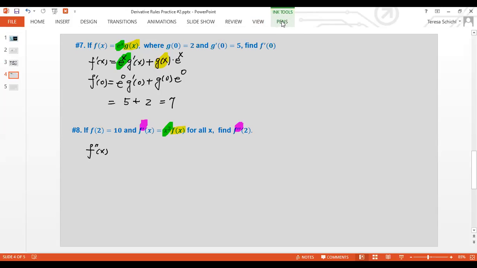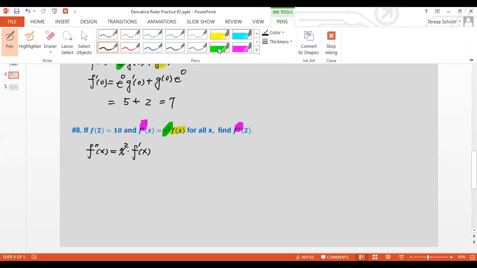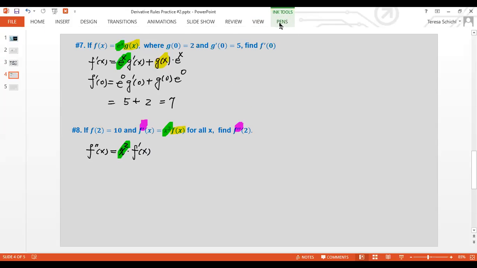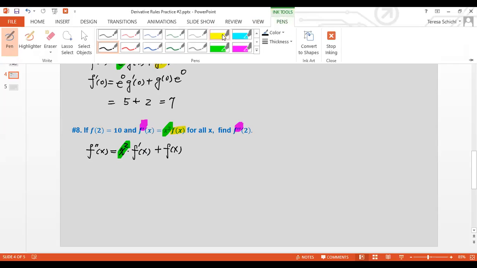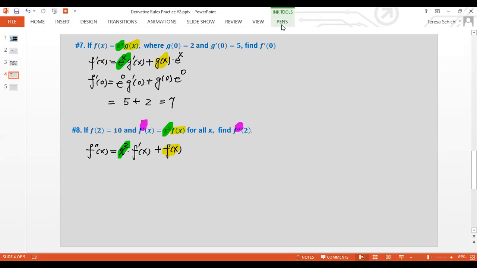Hold the first one, this x squared, then take the derivative of the second one, f prime x, right? So this is holding the first one. Now you hold the second one, the f of x here, then you take the derivative of the first one. So what is the first one? It's 2x here, right?